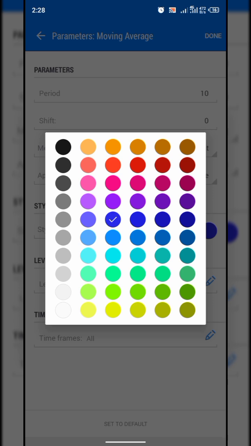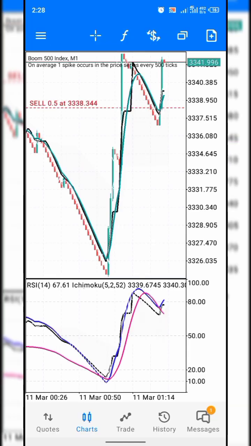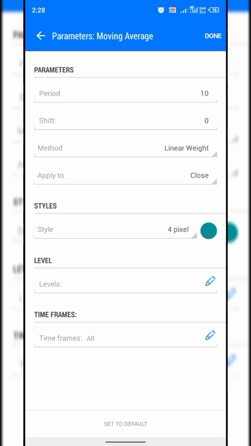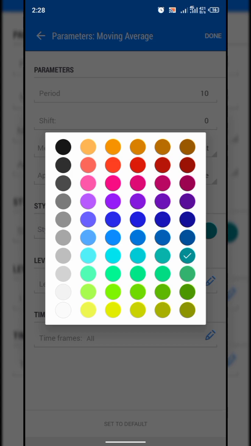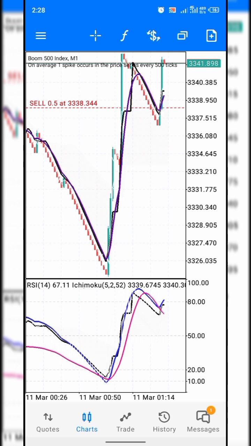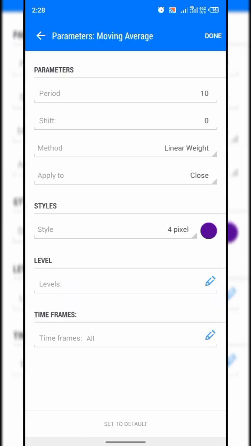For me, I'll change the color. And you click done. Now we have another green line here. Let me change it to another color. Okay. Here we have a purple line and black line. Okay. Now we are going to add one more indicator, which is the moving average 200.